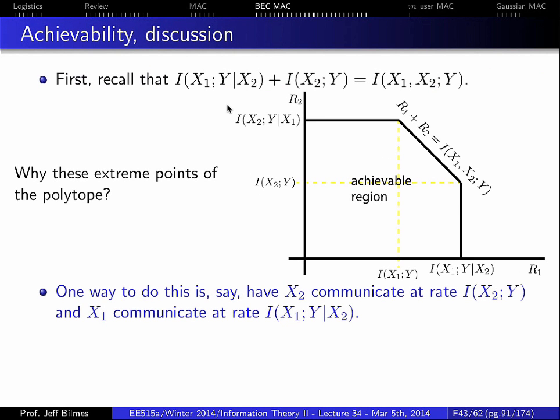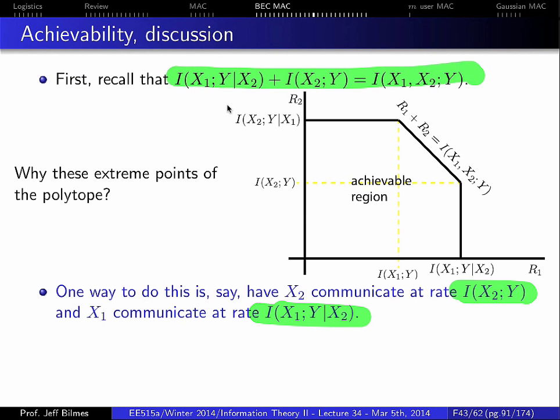So if, for example, x2 communicates at a rate of this mutual information here, and then x1 communicates at this rate here, then when we sum up those two rates, we're exactly going to get that.